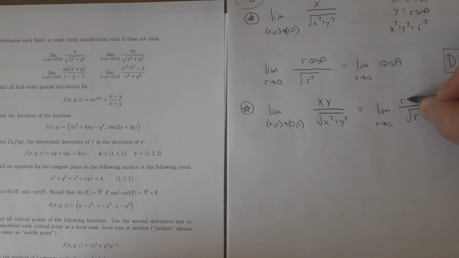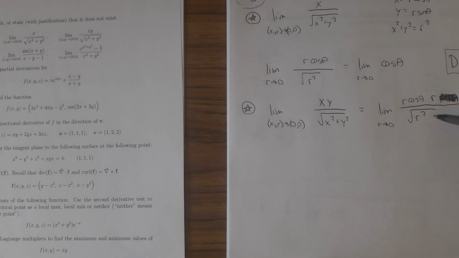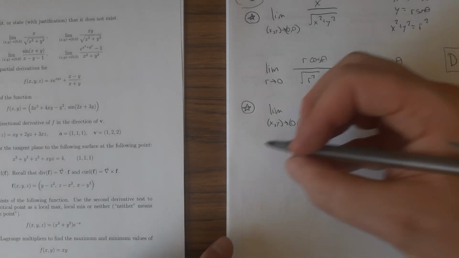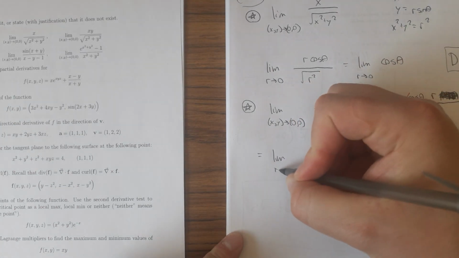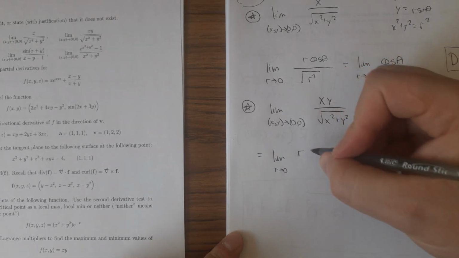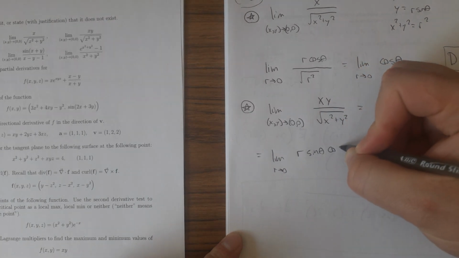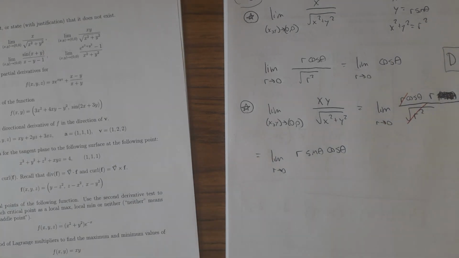So x is r cosine theta, y is r sine theta. Yeah, I'm not writing very well, but sure, like that. So this is just an r, and so that's going to cancel with one of my r's from the top. So now I have r sine theta cosine theta.